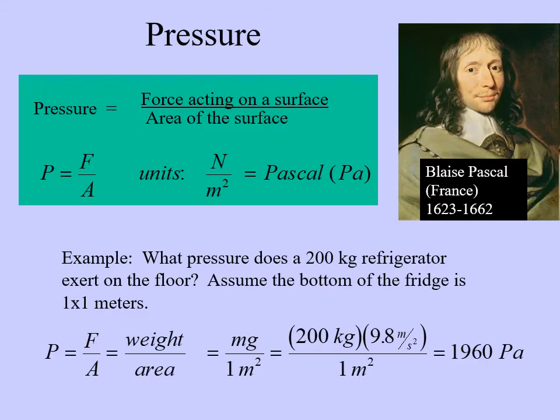Let's now turn to the phenomena and concept of fluid pressure. Let's do a quick review here of pressure. Remember from the last chapter when we learned about the ideal gas law, we learned about what pressure is. Pressure is basically force that acts on a surface, pushing against the surface, divided by the area of the surface.